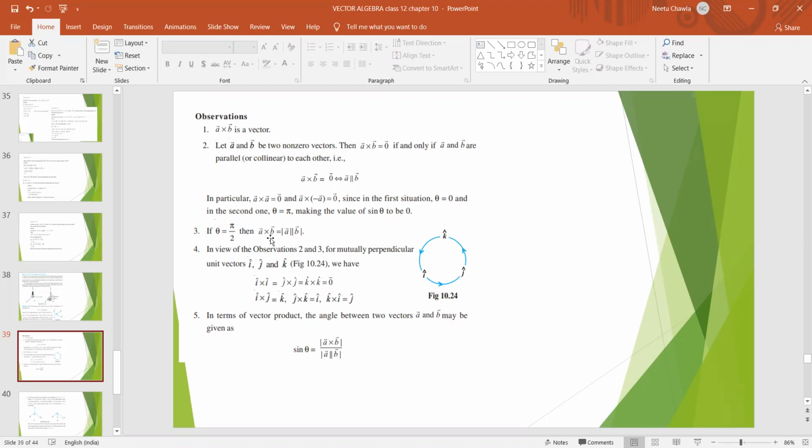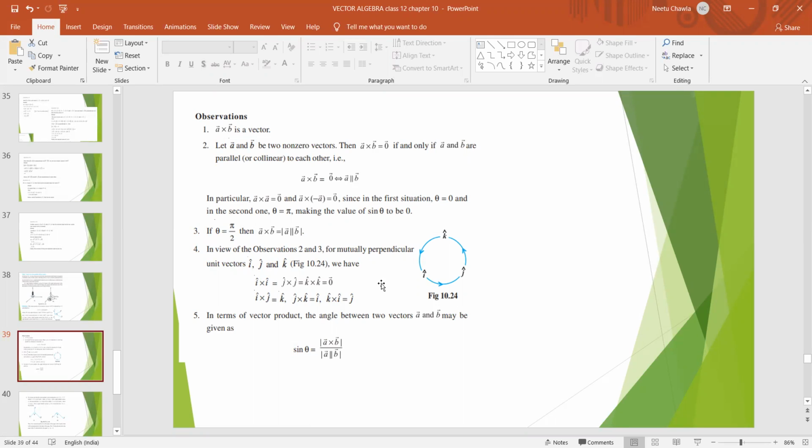So then the value of this cross product becomes the multiplication of these two moduli, that is modulus of A vector and modulus of B vector. In view of these observations 2 and 3, as they are mutually perpendicular unit vectors i, j and k, what is going to be there?